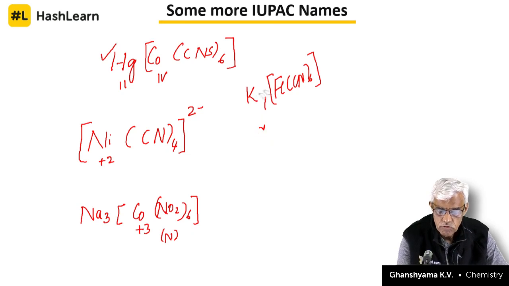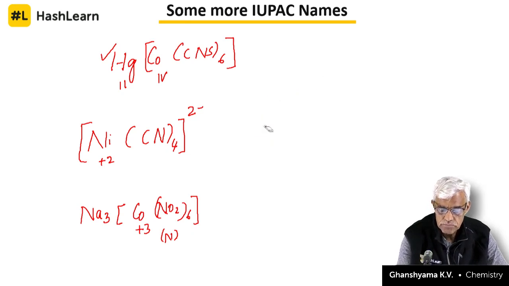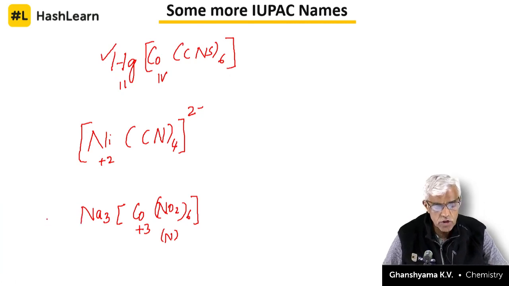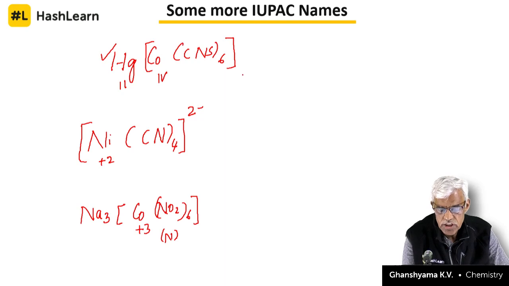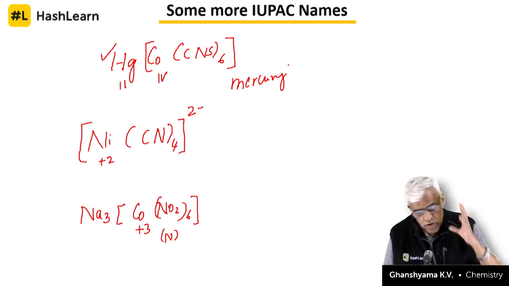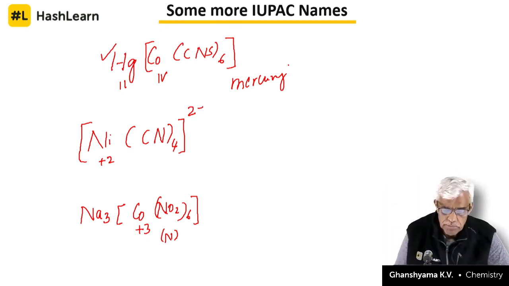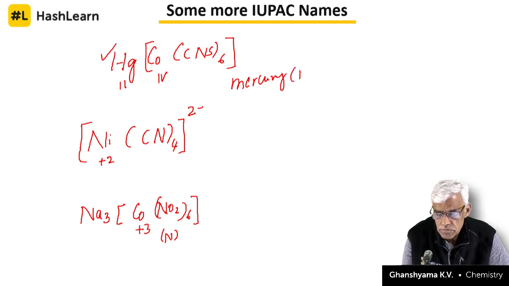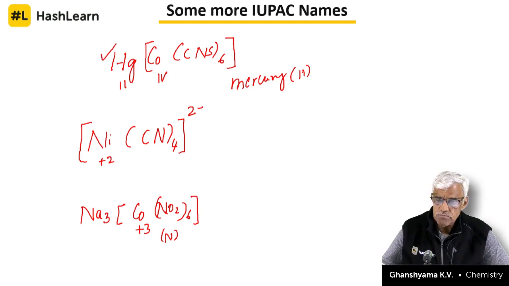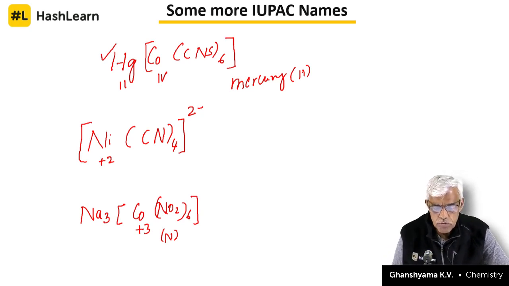So I have to write the valency for that. That's why I said I'm giving you some more compounds with IUPAC names. Therefore, this must be mercury. I have already told you the name should start with only small letter. Mercury, its oxidation state 2, the rest follows the anionic complexes.